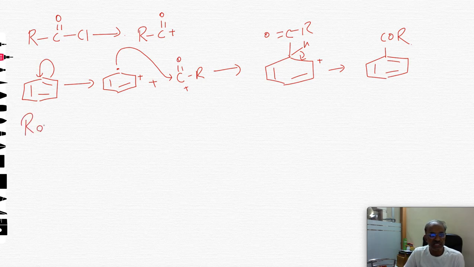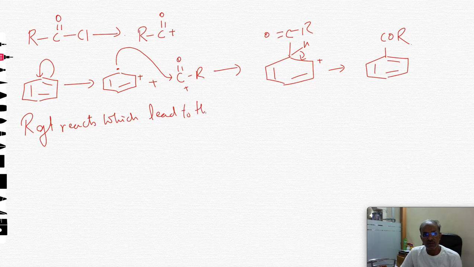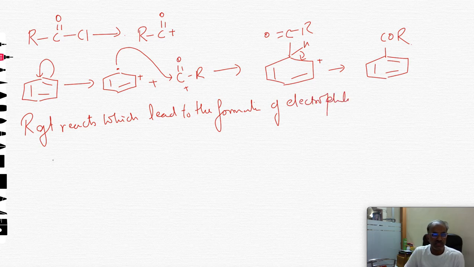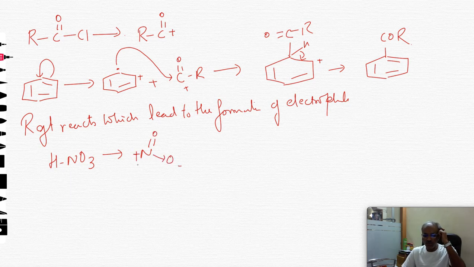Now there are certain rearrangement reactions which lead to the formation of electrophiles. Take for instance HNO3, which gives N double bond O with a coordinate bond to O minus and a plus charge. This means it is NO2 plus.